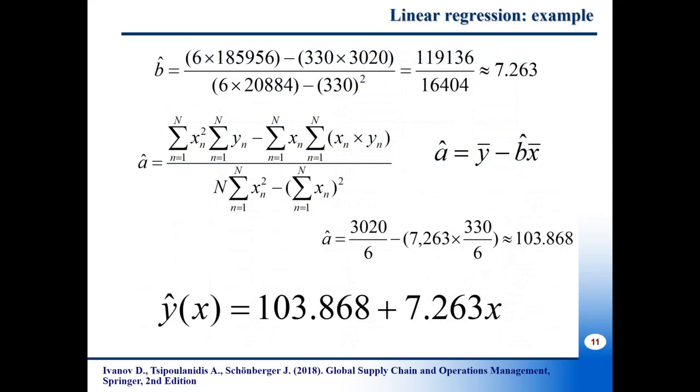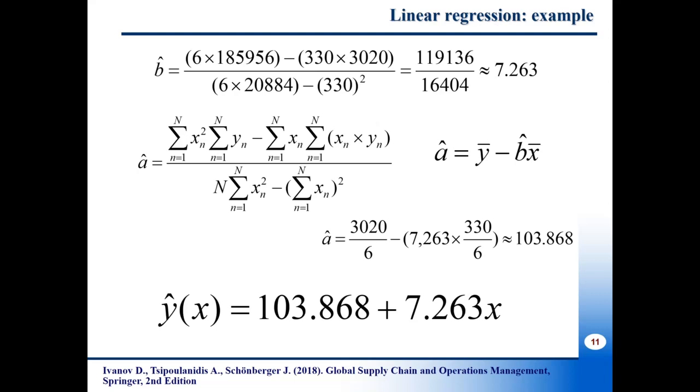Next, we start building the regression model for our problem example. This slide shows how to compute equation coefficients A and B. For calculating B, we need information from the lower table of the previous slide. We need to input the time window, which is equal to 6, and multiply it by the sum of the last column, minus the sum of the second column multiplied by the sum of the third column.